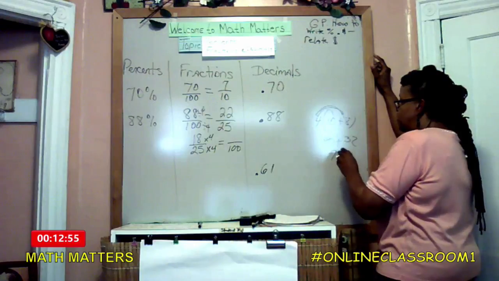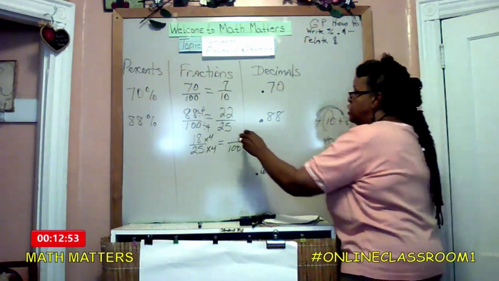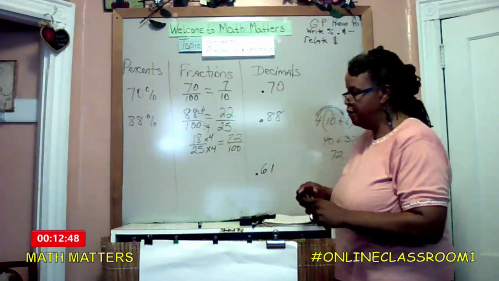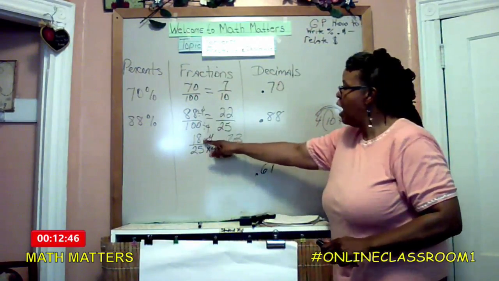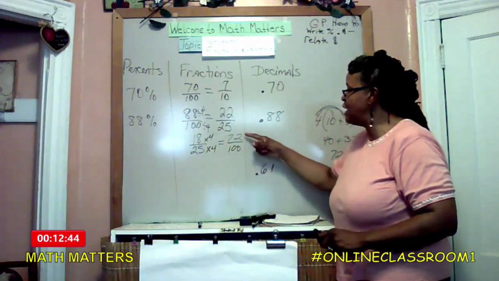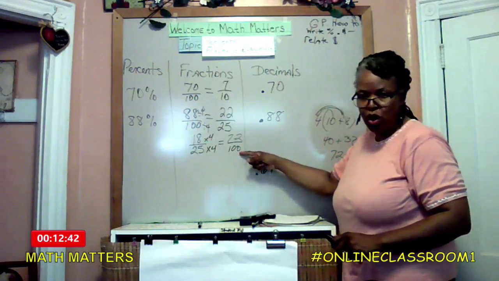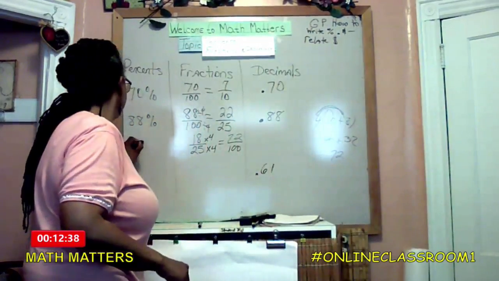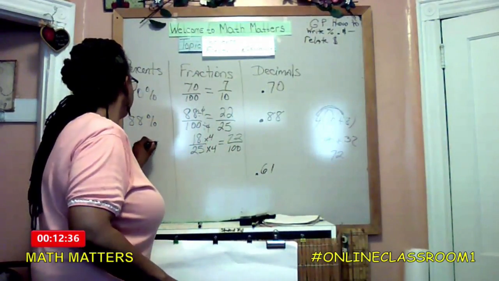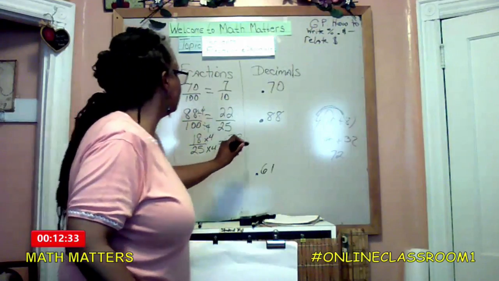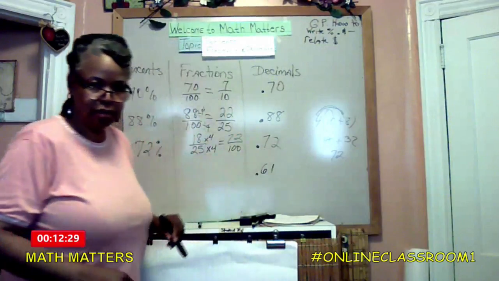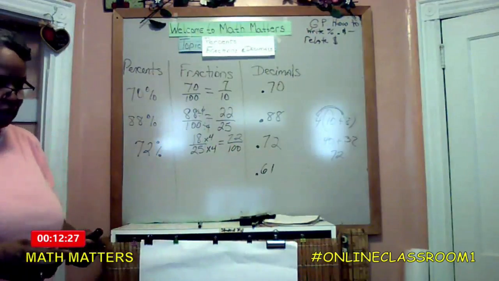So the answer is 72. So 18 over 25 is equal to 72 out of 100, which is equal to 72%, which equals 72 cents.